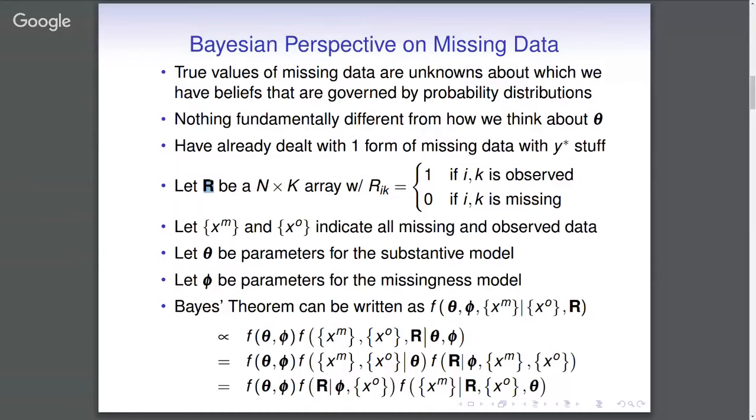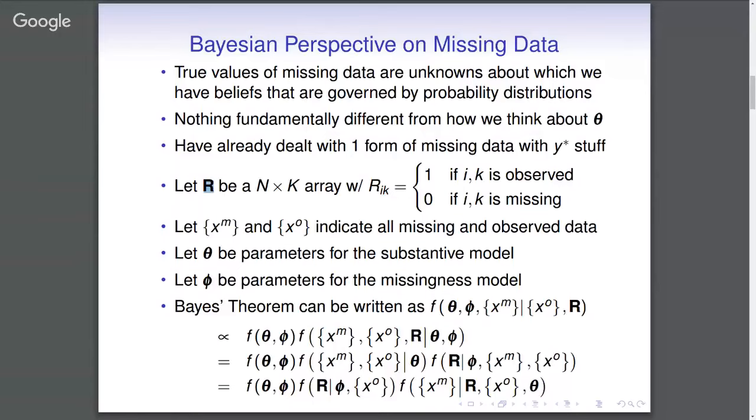So you can imagine, I have a big X matrix, not necessarily that big, but K columns. Some of those are going to be NA. And then you have an R matrix that's the same size. For every cell of X that's NA, R is 0, and for every cell of X that's not NA, which is to say you observed it, R is 1.